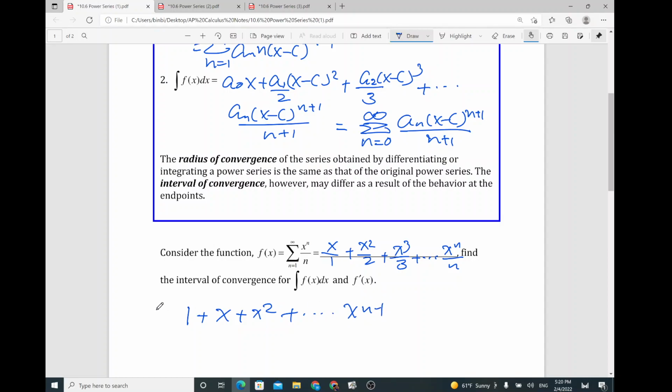This can be written as the sum starting with n equals 0 of x to the power of n, because x to the power of 0 is 1, then x to the first power, then x squared, and so on.